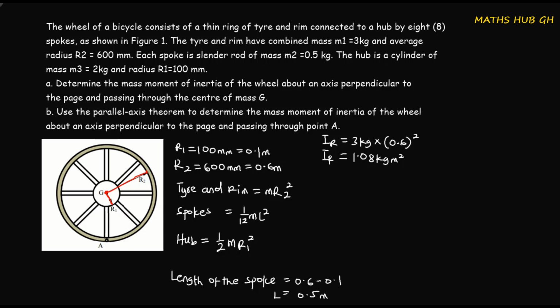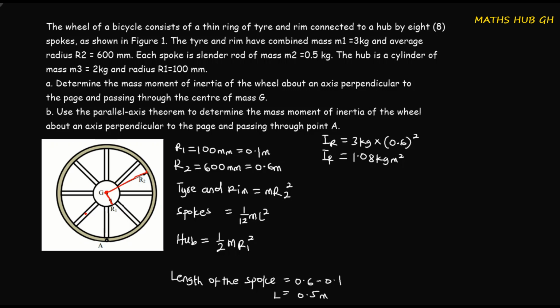locate the center of mass of the spokes. Okay, so when I consider this spoke here, its center of mass will be somewhere at the center of the spoke. But you see that its center of mass is not actually at the point of rotation, or not actually at the point where the whole tie is rotating. So because of this, we will have to use the parallel axis theorem to find the mass moment of inertia of the spokes.